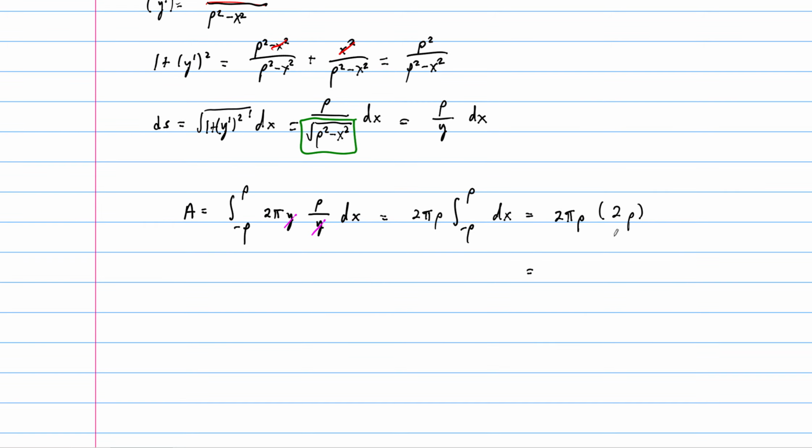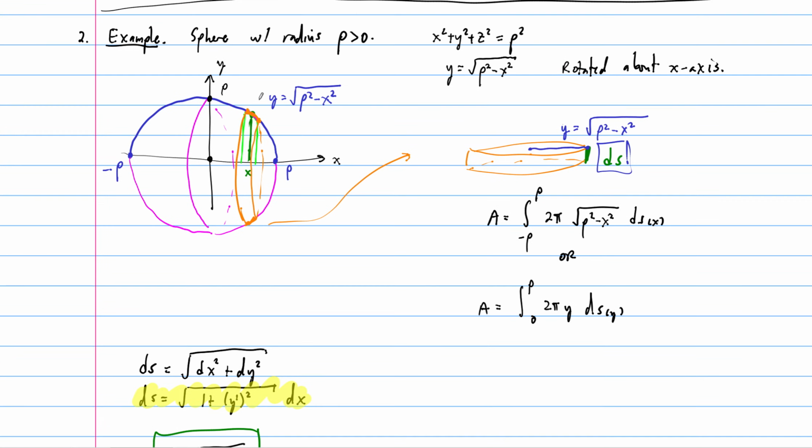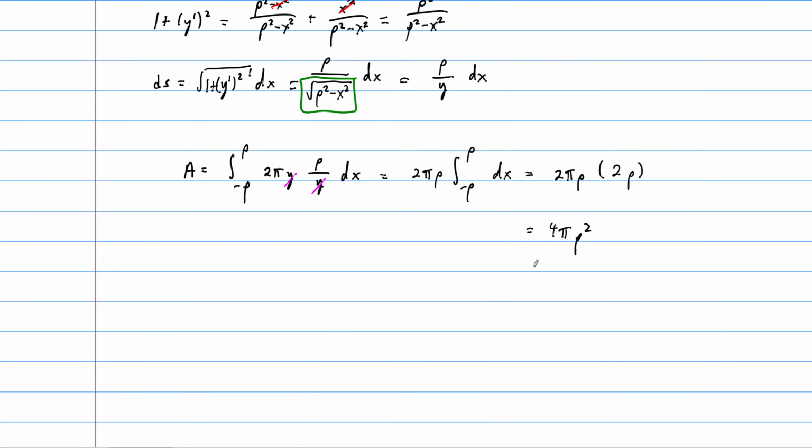And if you multiply this all together, it's 4 pi rho squared. That's exactly the right answer for the surface area of a sphere, right? Surface area of a sphere of radius rho is 4 pi rho squared. And so we computed that using the surface area of a surface of revolution formula. So this is right.